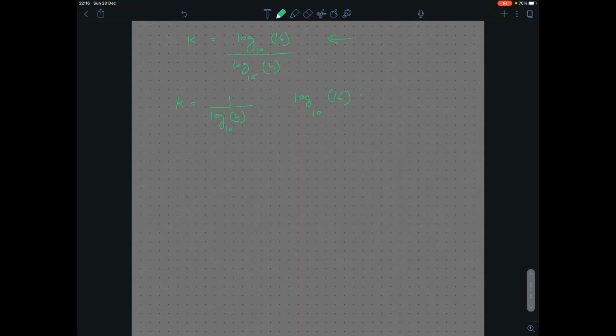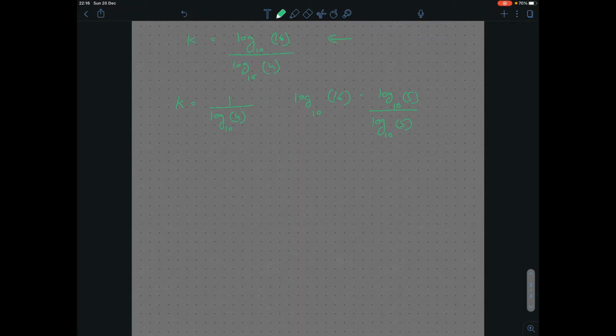So multiplied by log to the base 10 of 5 divided by log 10 of 5. In fact, we haven't really changed anything. Multiplying and dividing by log 5 does not change the expression, but now we can rearrange that and convert this to a new base.